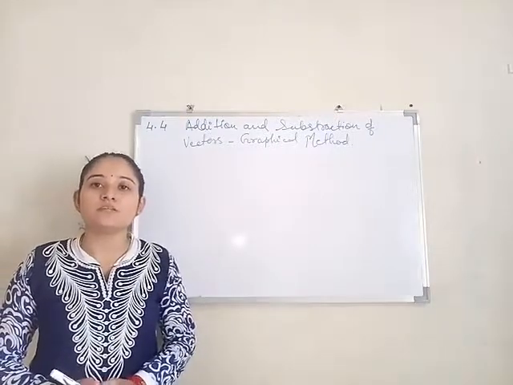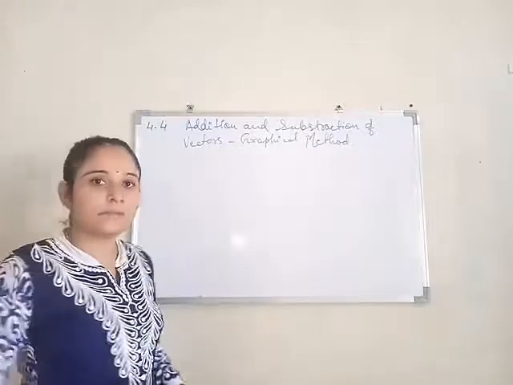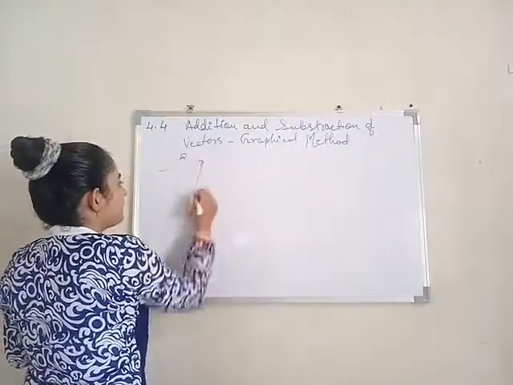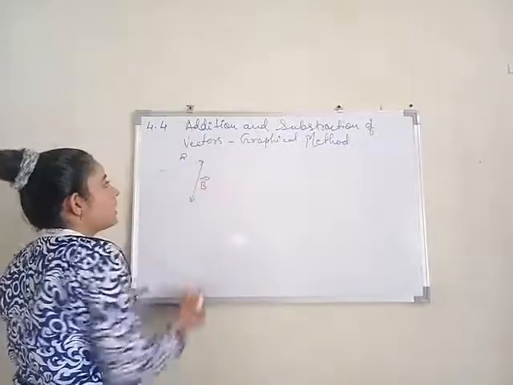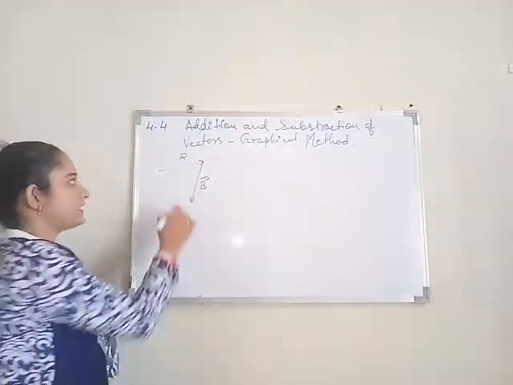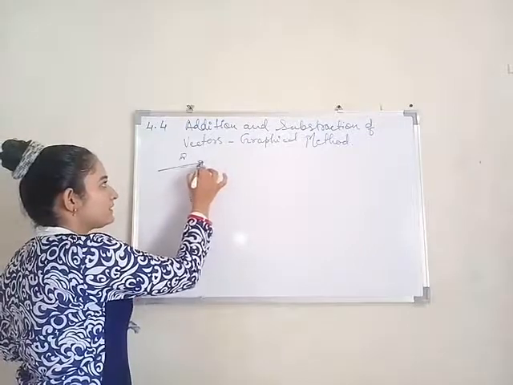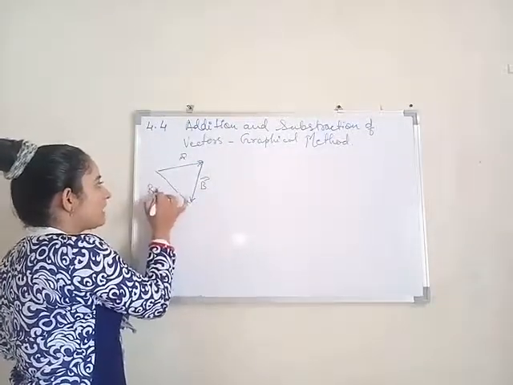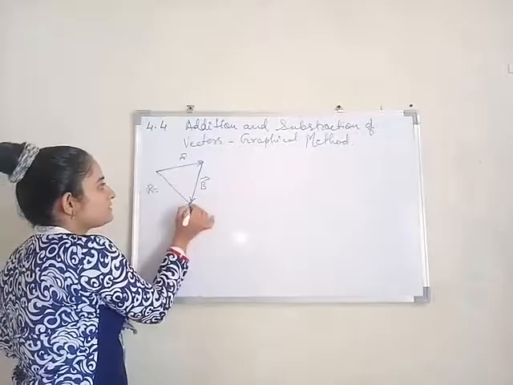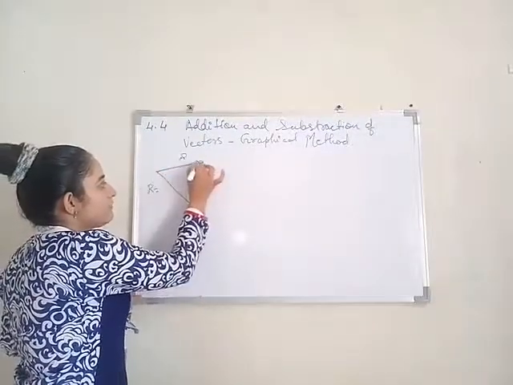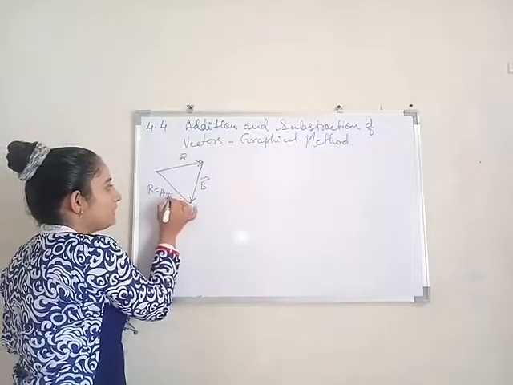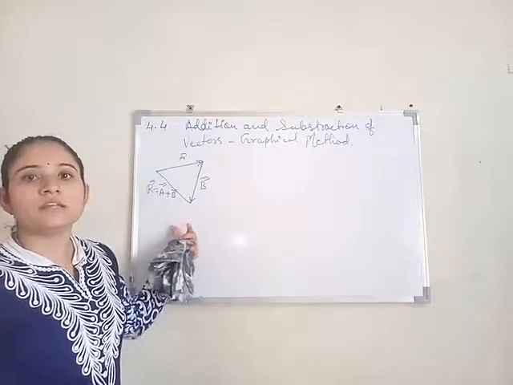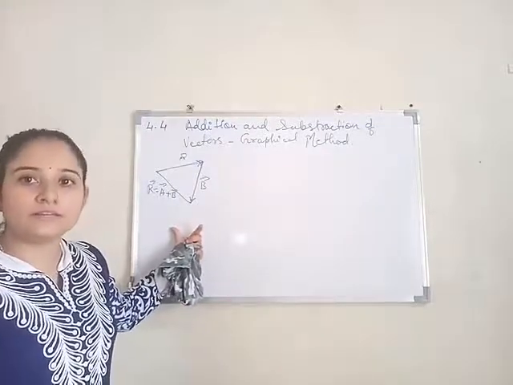Now we consider two vectors, vector A and vector B. The direction of vector A is here, vector B is here. So the resultant vector R will be equal to, from this point A moves away, so first of all A plus B. Here it obeys the commutative law.